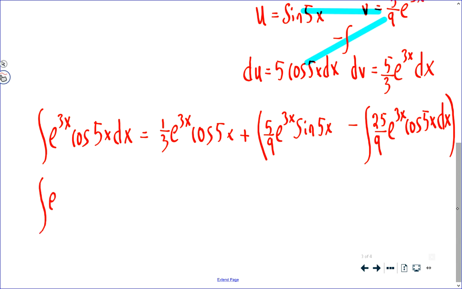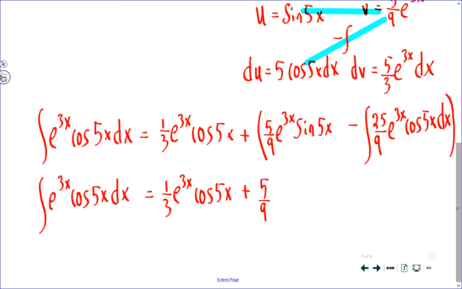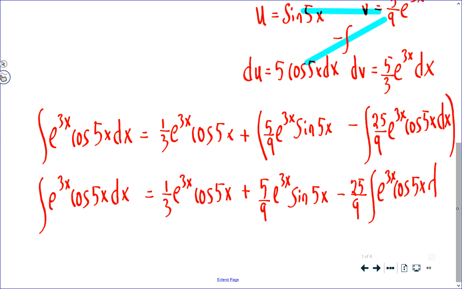I'm going to have the integral of e to the 3x multiplied by cosine of 5x dx, and it's equal to the following three terms added together. 1/3 e to the 3x cos 5x plus 5/9 e to the 3x sine 5x minus 25 ninths multiplied by the integral of e to the 3x cosine 5x dx.